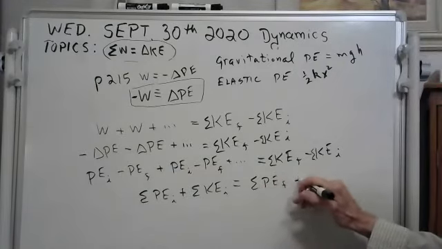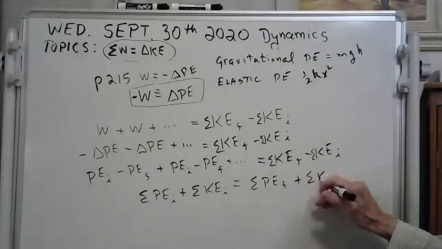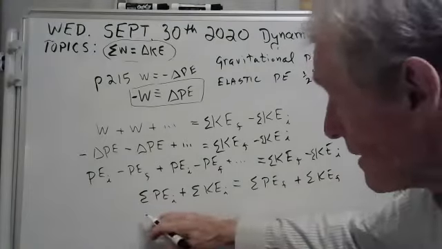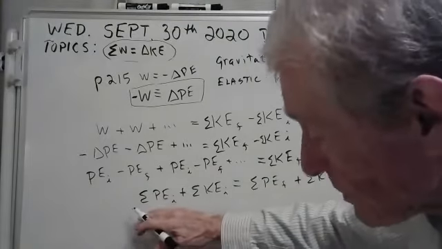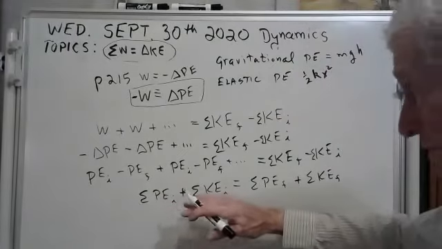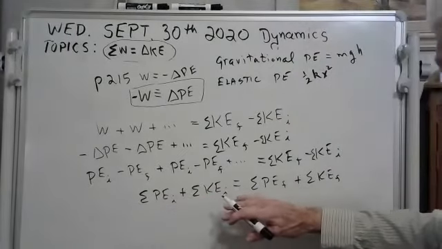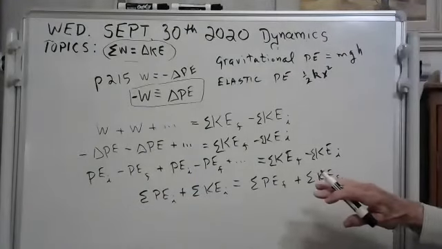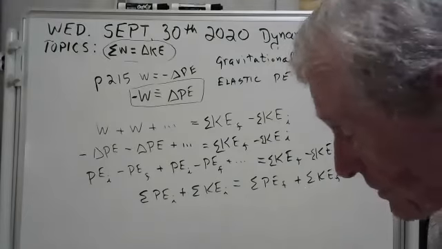And look, you've got the sum of all the final kinetic energies. And we're done. Ta-da! The sum of all the initial potential energies and the initial kinetic energies is equal to the sum of all the final potential energies plus all the final kinetic energies.